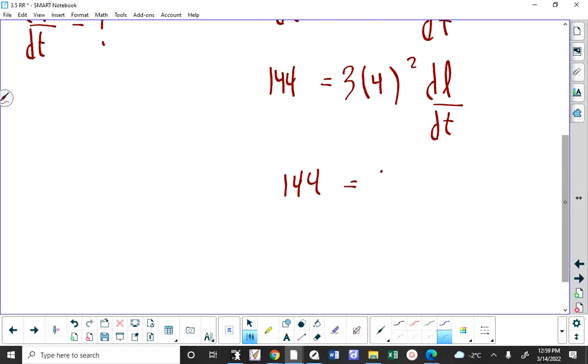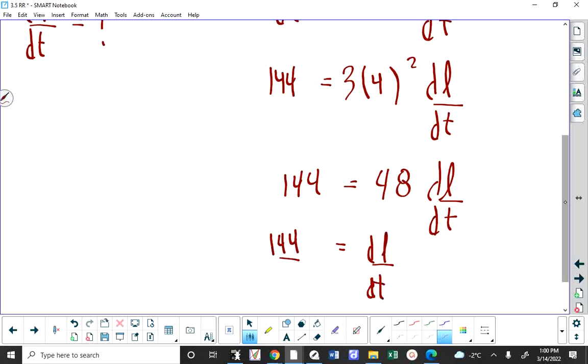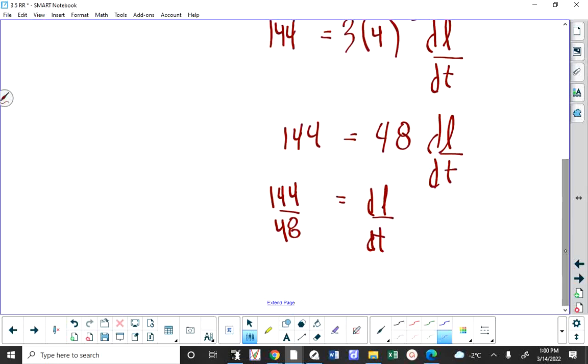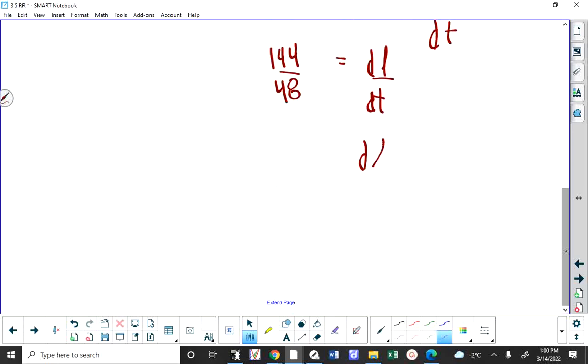Correct me if I'm wrong, but I believe this is 48, 3 times 4 squared. So you're going to have 144 over 48, which is 72 over 24. Is it 3? No, it is. Works out to 3, eh? So what we end up getting is dL/dt equals 3.